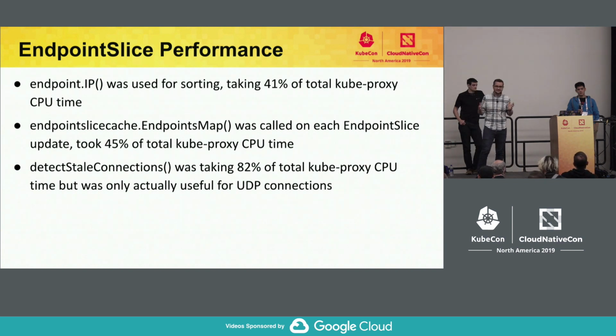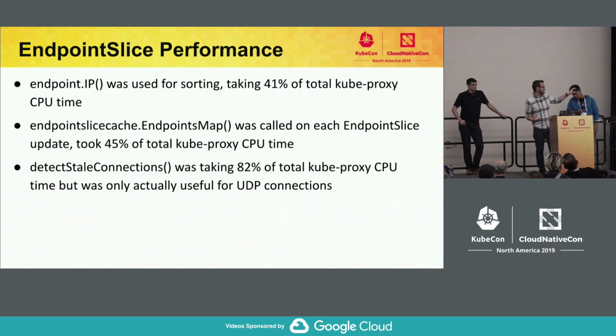I imagine for most people, they have at least some TCP connections in their cluster, if not most. So we're wasting a lot of time on something that didn't need to be called. We didn't have information about what protocol was here at that point, but changing some things around so we could have that information ended up being a very significant savings.